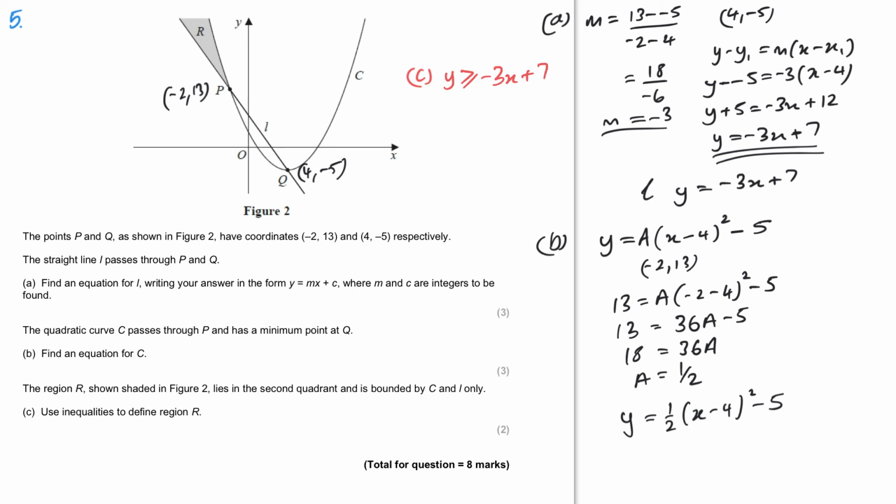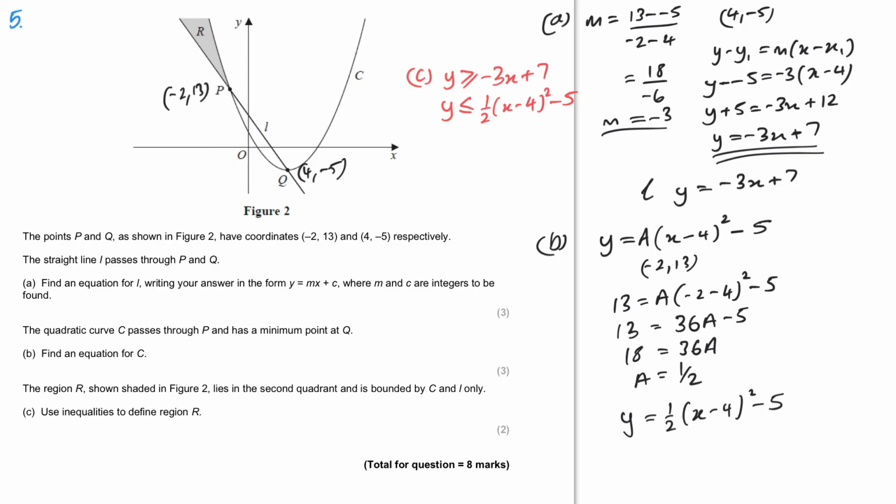We want below our curve, so y is less than or equal to a half (x minus 4) squared minus 5. Obviously you could have had this expanded out, which I think is something like half x squared minus 4x plus 3. Top of my head there, might be a little bit wrong with that.